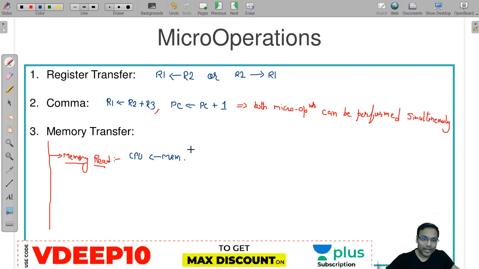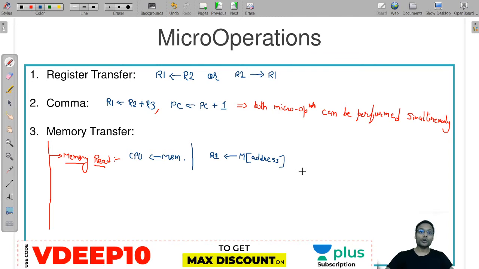So how do you actually write this memory to CPU transfer? You write it like this: capital M, which denotes the memory access. In the square brackets, you write the address from where you are fetching the memory content. Wherever you are performing the read or write, you need to mention that address here, then an arrow, and on this side, instead of CPU, you write some register, R1, R2 or whatever.